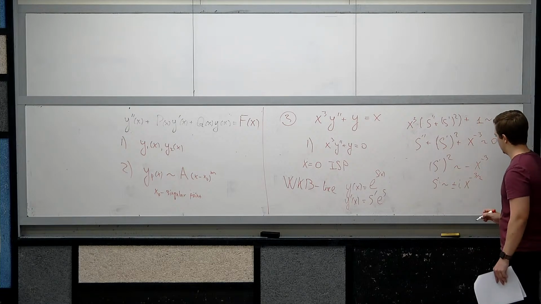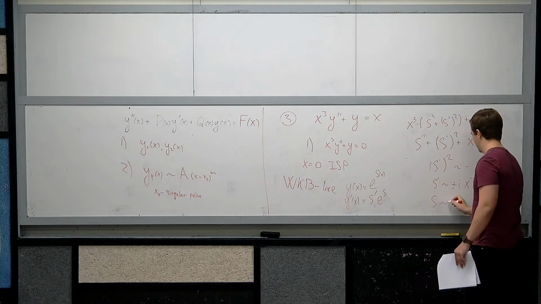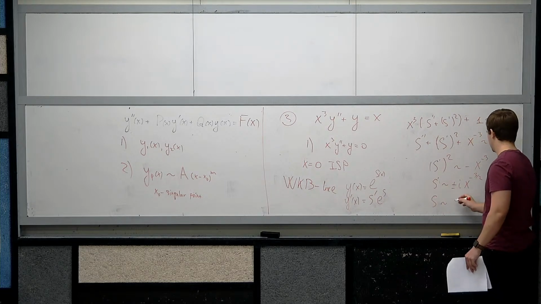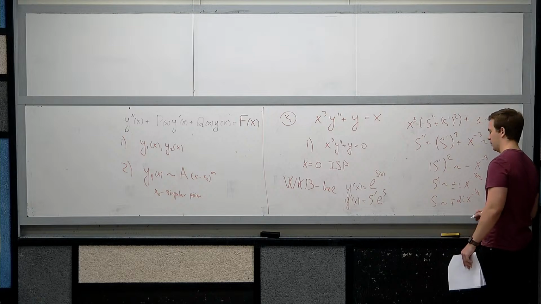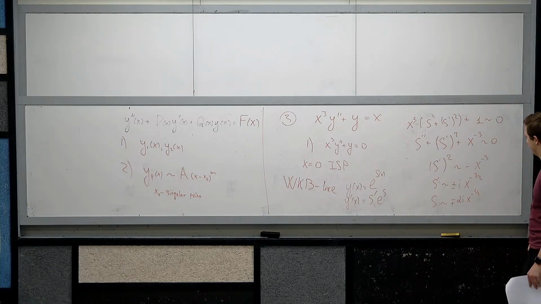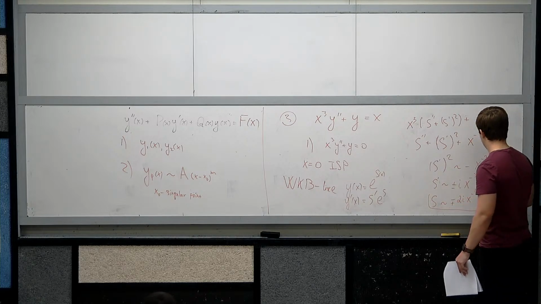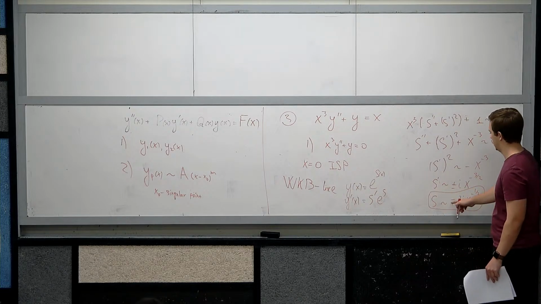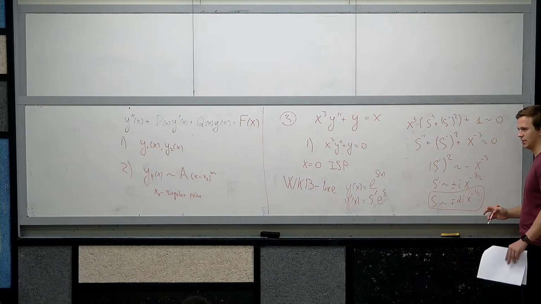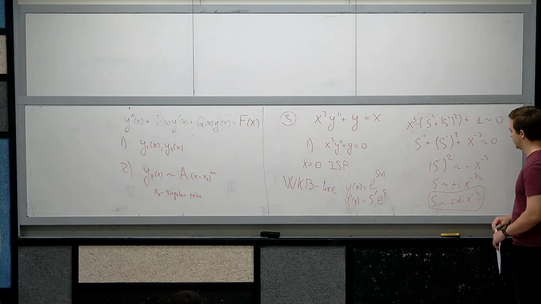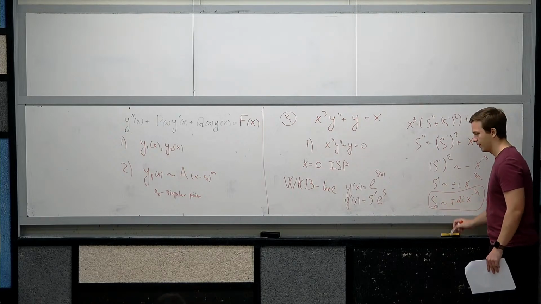And then we integrate both sides, and it will be minus or plus 2i x to the minus 1 half. This is the zero order approximation. We need to calculate, let's go with s naught.